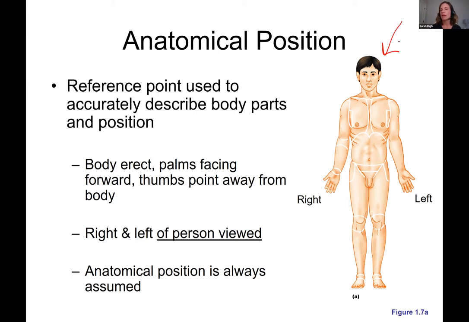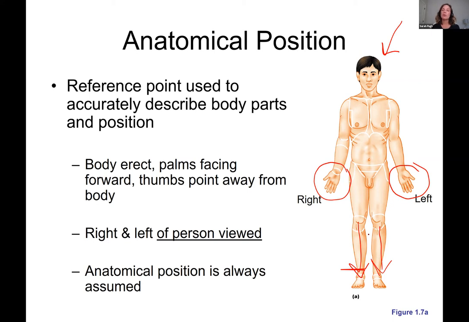So the body is erect. You can see that the hands are at the sides, but notice the hands here. The thumb is pointed away from the body, so it's sort of the palms are facing forward, right? Your legs are about hip width apart, feet are facing forward. This is anatomical position. So it's pretty simple to think about.